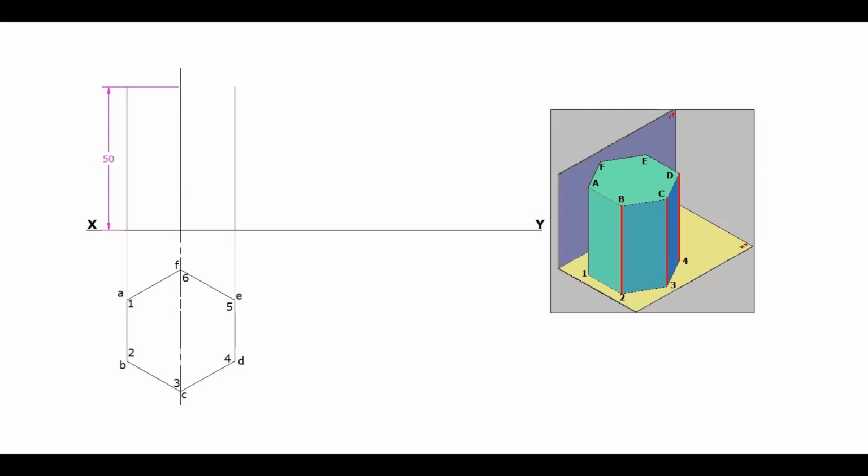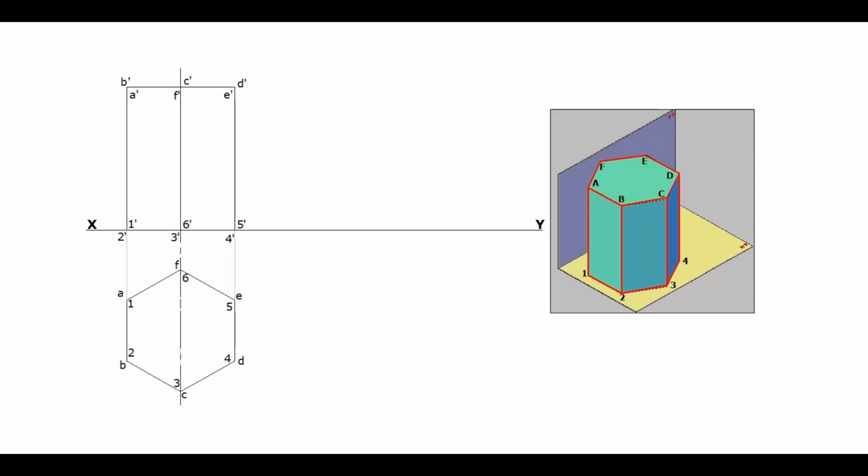The top and bottom bases can be seen as horizontal lines. Name the bottom base corners as 1 dash, 2 dash, 3 dash, 4 dash, 5 dash and 6 dash. Top base corners as A dash, B dash, C dash, D dash, E dash and F dash.